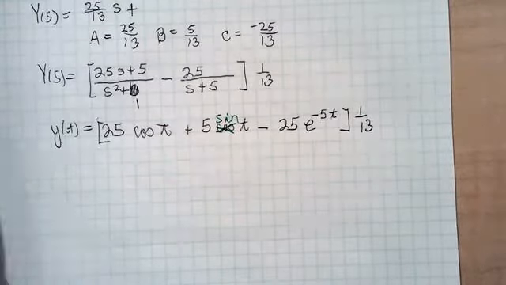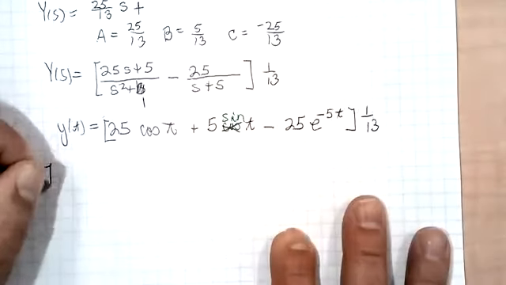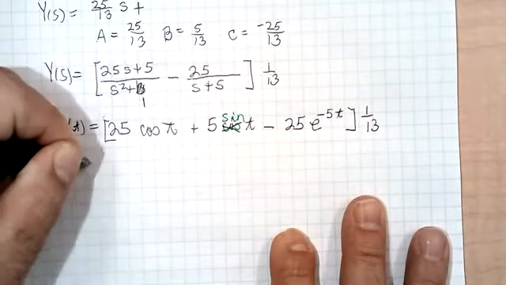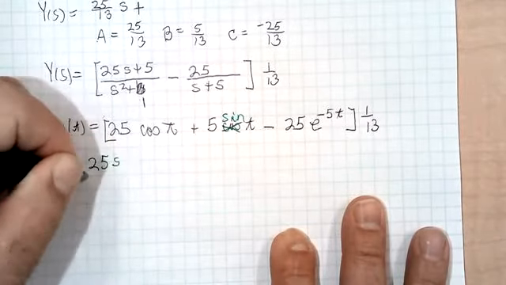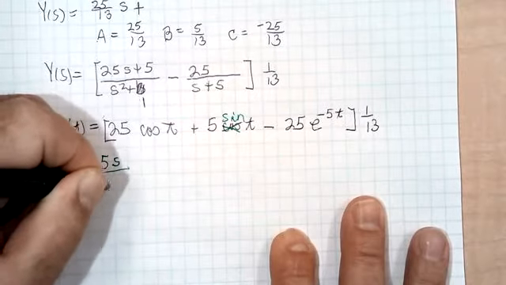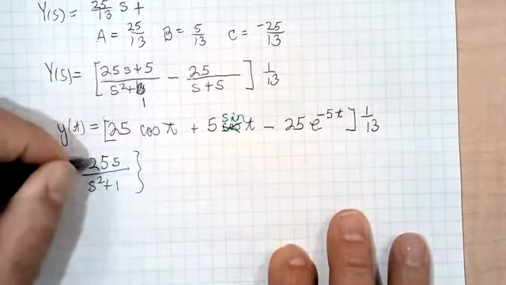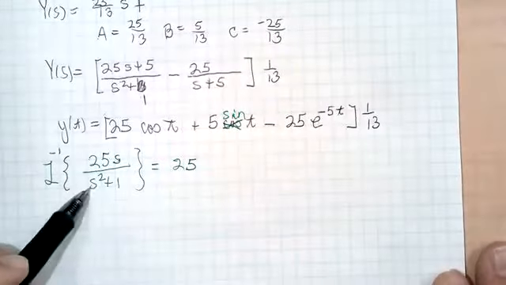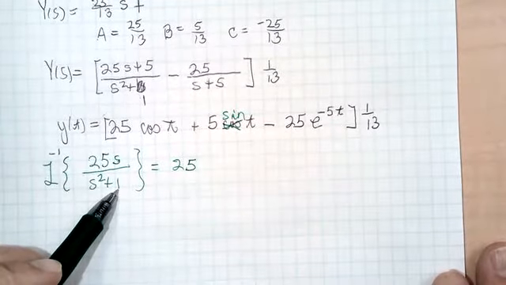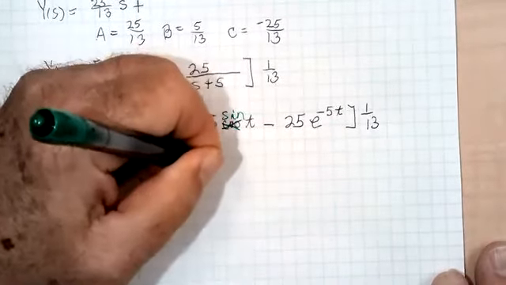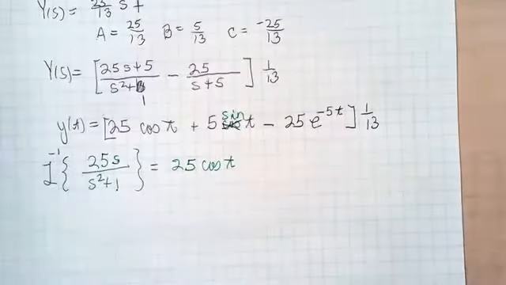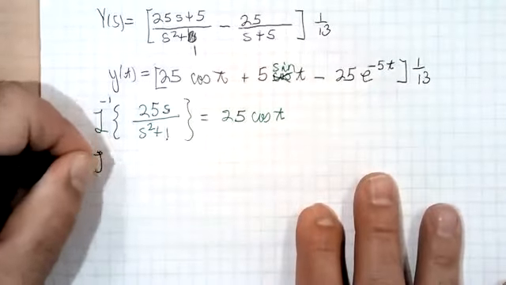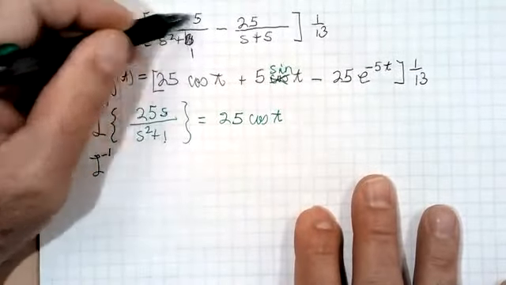Ooh, I see people looking thoughtfully at the screen. All right. Piece at a time. 25, take that to the outside. S over S squared plus 1 is the transform of cosine 1t. Then the inverse transform of 5 over S squared plus 1.